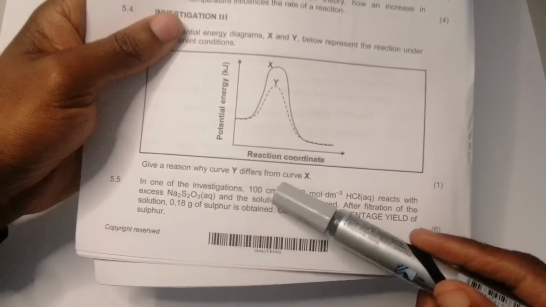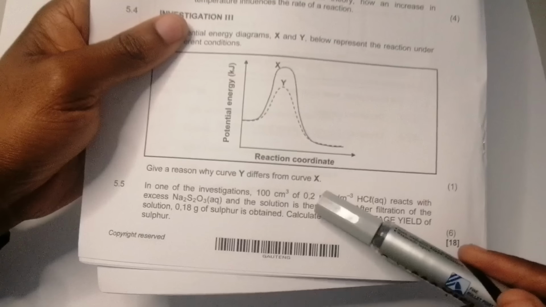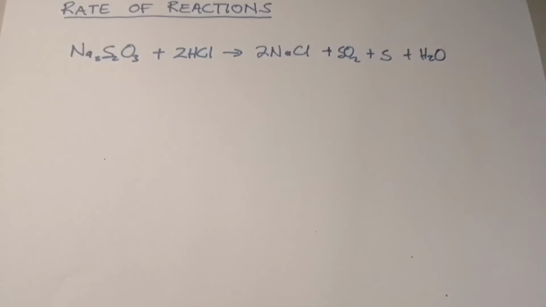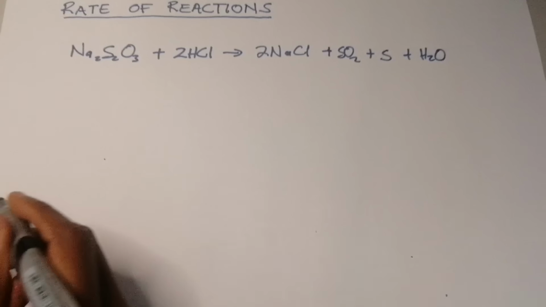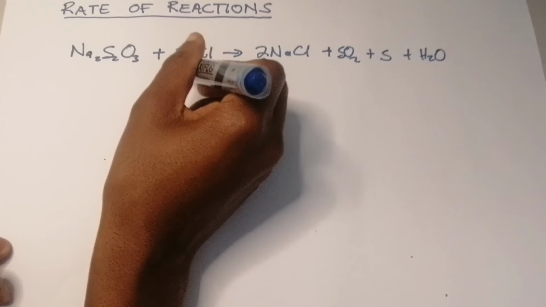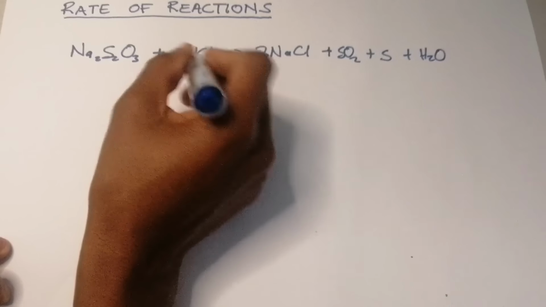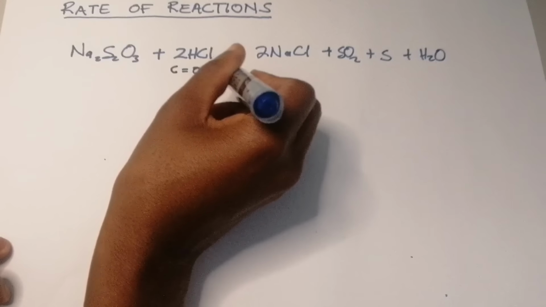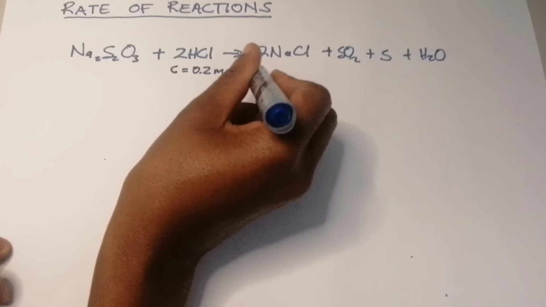So now let's look at the information that is given. Now, remember they told us that we've got 100 cubic centimeters of a 0.2 mole per cubic decimeters of what? Hydrochloric acid. So let me write that information down. So I've got the concentration. Okay, so concentration of hydrochloric acid is 0.2 moles per cubic decimeters.